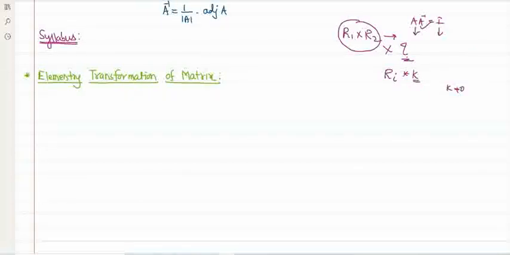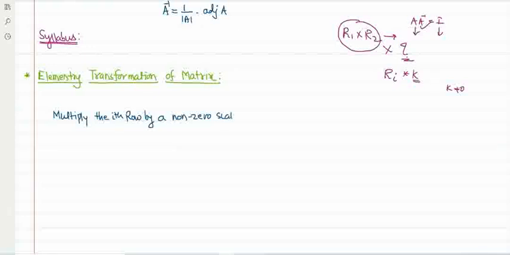So first I will write: multiply the ith row by a non-zero scalar k.